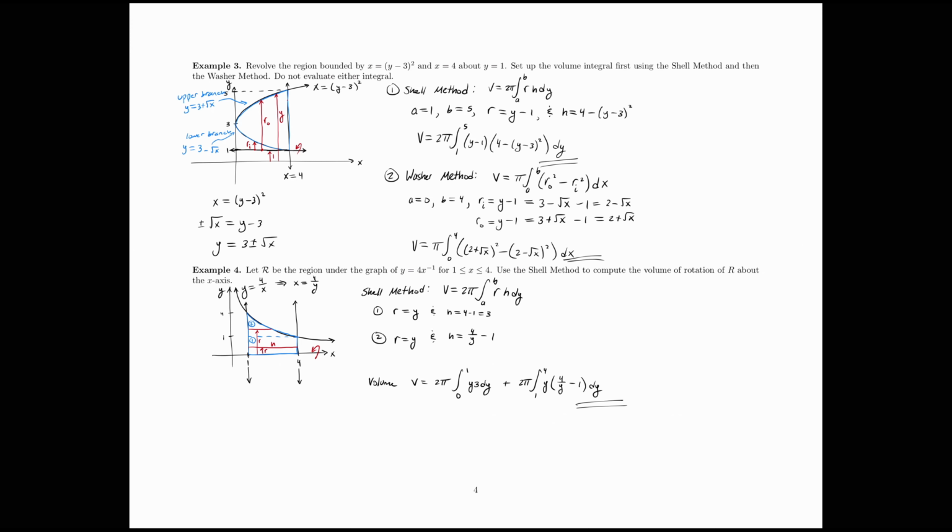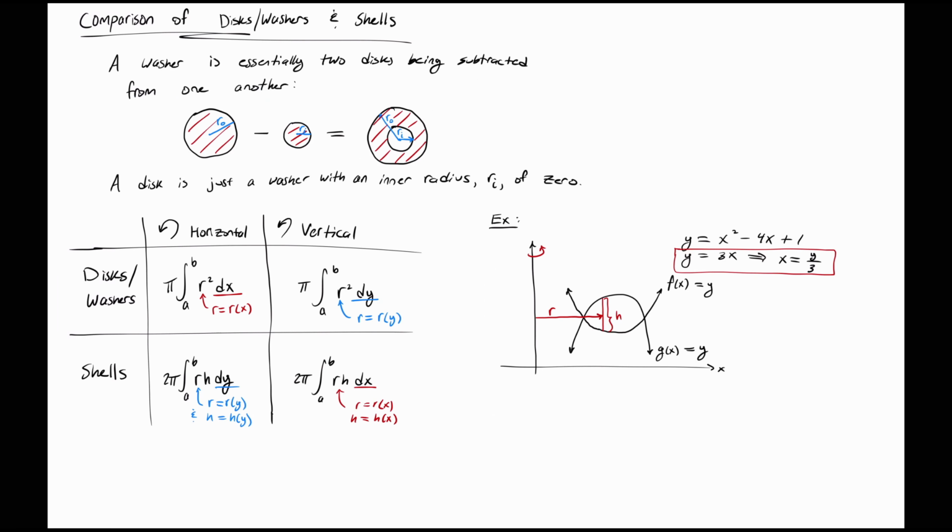But there are examples of regions that flip-flop no matter what you do, in which case you really do need two or more integrals to find the volume no matter what. So really, I think there's this algebraic perspective of looking at how complicated is your equation. Is it even feasible or possible to solve for the other variable?